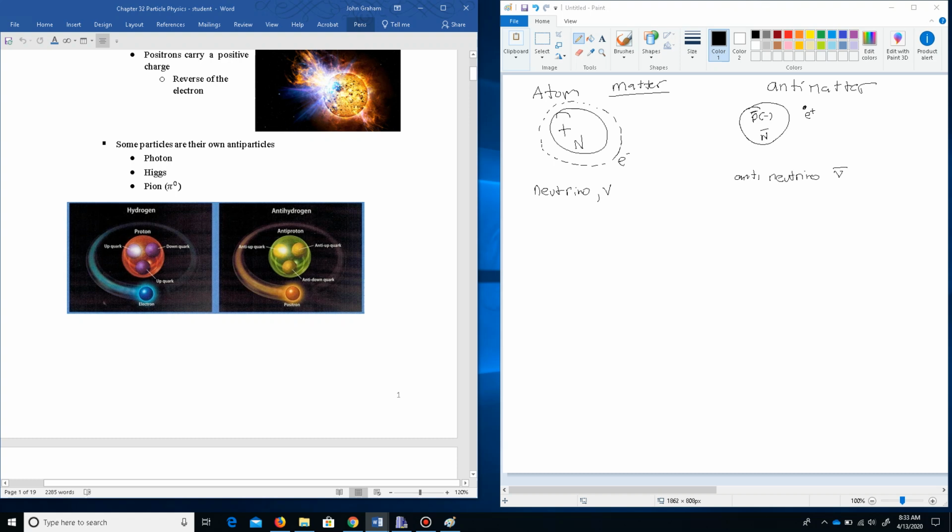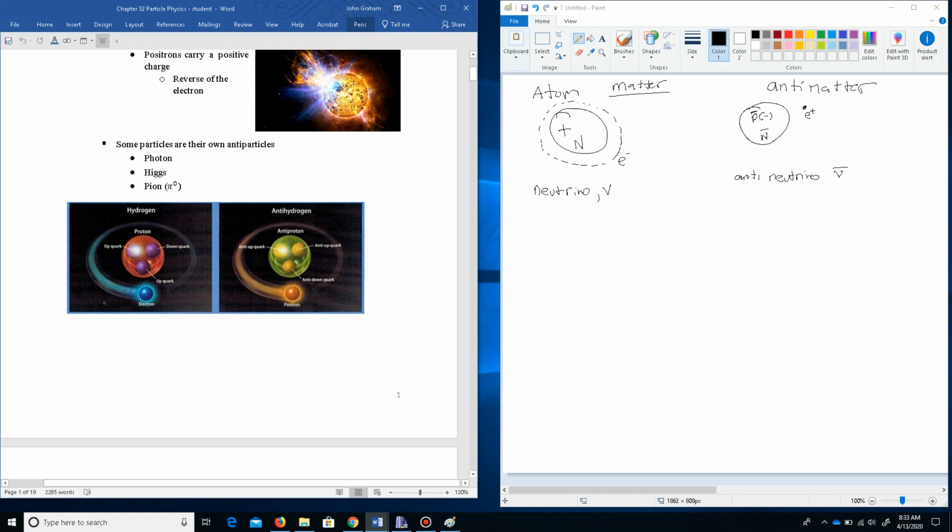So if we look at this, for hydrogen, you have an up quark, which we're going to get into, another up quark and a down quark, and this makes up a proton. There's no neutron for this one, and then you have the electron moving about it.